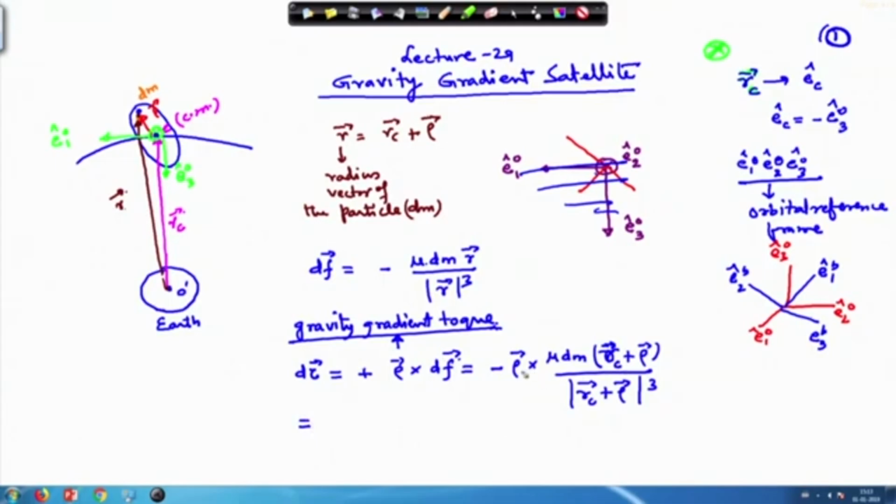And if we break this bracket, the cross product rho cross rho will be 0, and this gets reduced to mu d m, rho cross r c, divided by r c plus rho magnitude whole cube.